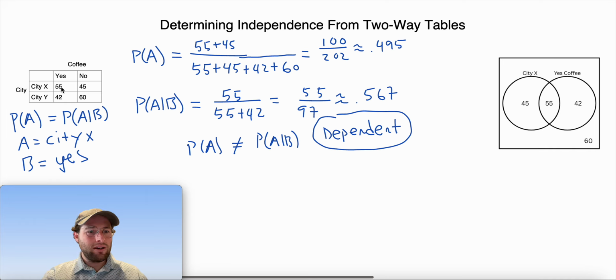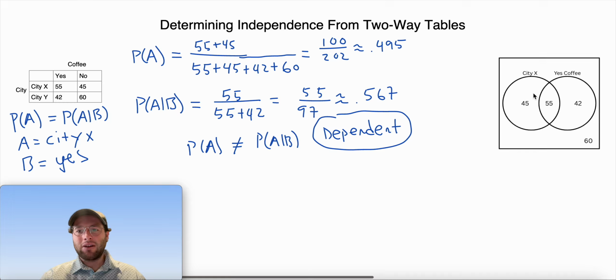The number of people that both live in city X and drink coffee is 55, which is in the intersection. The number of people that neither live in city X nor drink coffee is 60, which is no coffee and city Y.